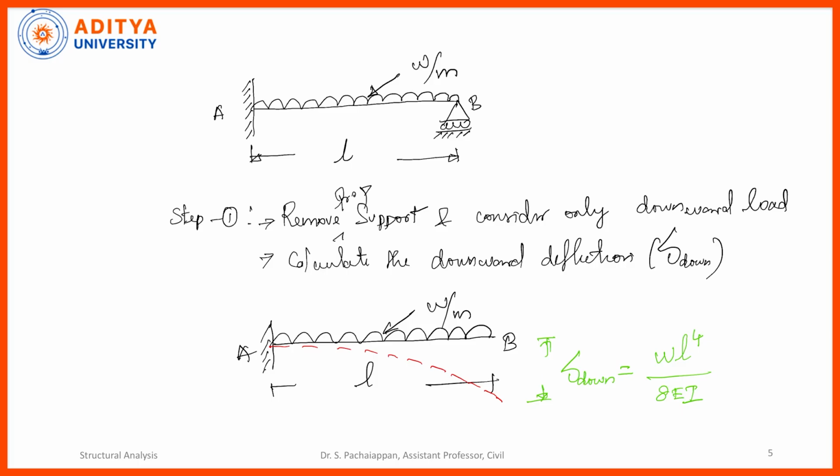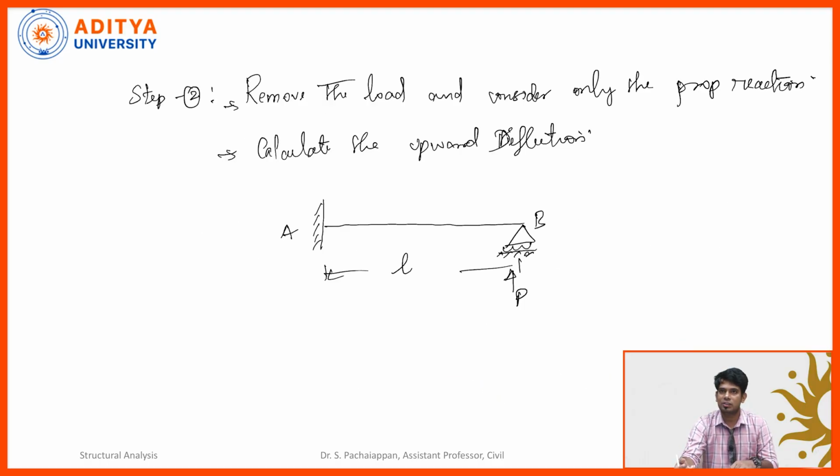Here the load is there and then the support is there. In step 1 we do not consider the prop reaction, we consider only the load. In step 2 we are not considering the load, and we are considering only the prop reaction. So, remove the load and consider only the prop reaction and then calculate the upward deflection.